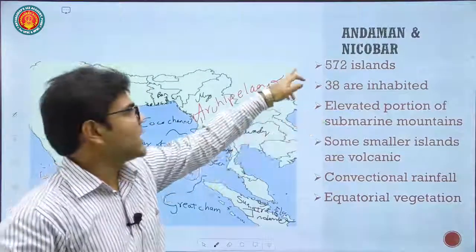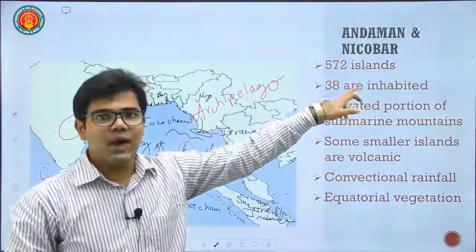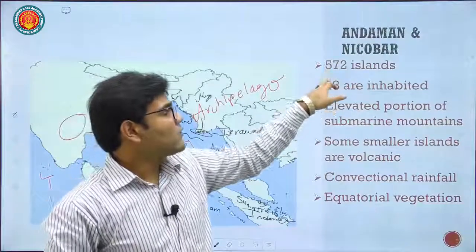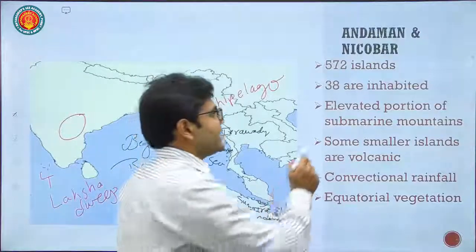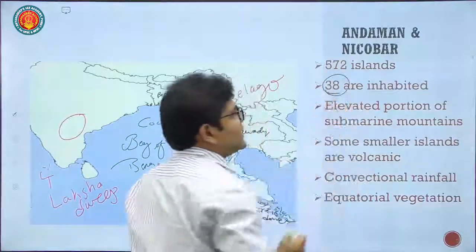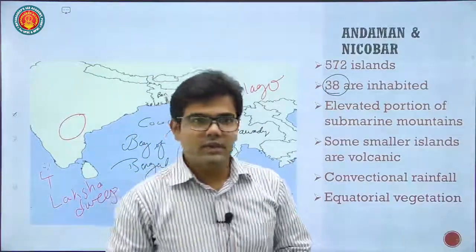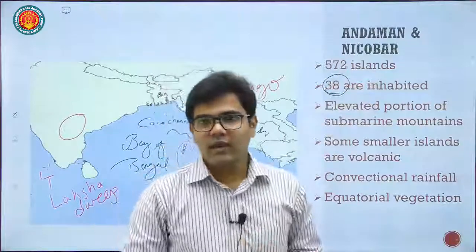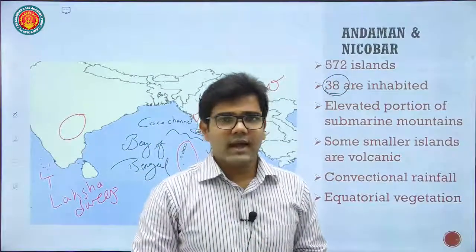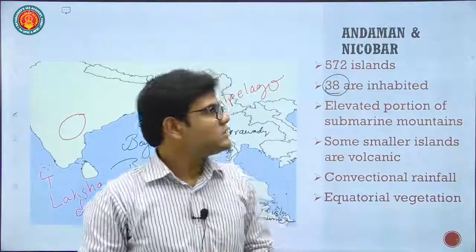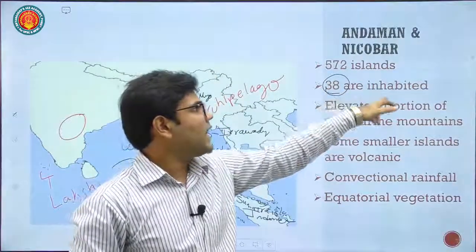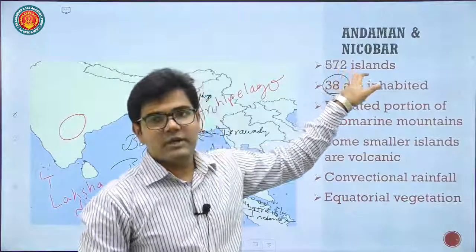This is a group of 572 islands, but only 38 are inhabited. It means that only on 38 islands are people actually living. The other islands are either volcanic islands, extinct islands, or only forested. No population lives there. So only 38 are inhabited out of 572 islands.